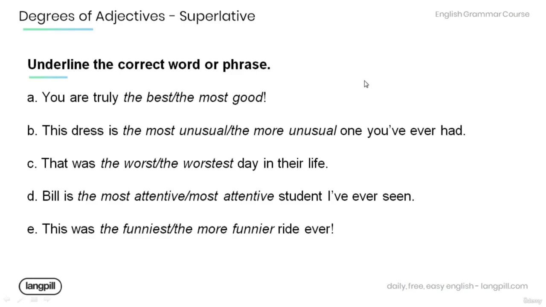Now, time for you to practice on your own. Read the following sentences and underline the correct word or phrase. A. You are truly the best, the most good. B. This dress is the most unusual, the more unusual one you've ever had.